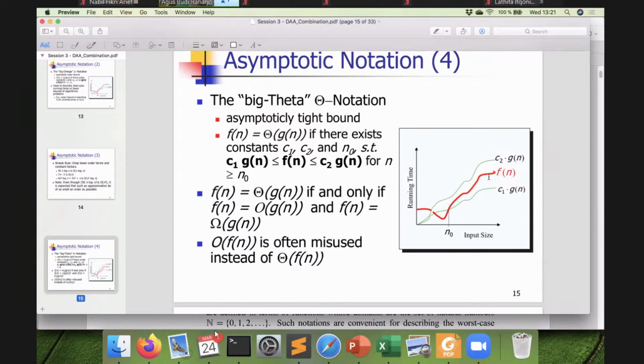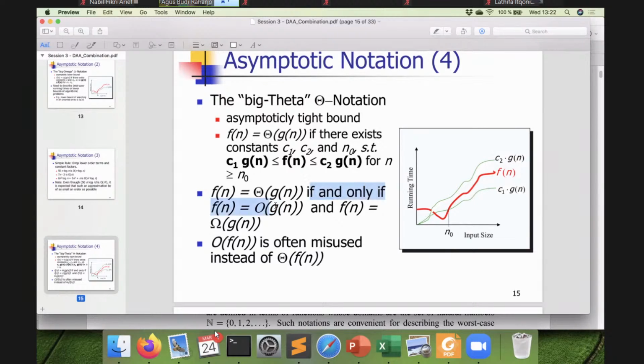Asymptotically tight bound here, and f(n) is equal to big theta g(n) if there exist constants C1, C2, and N0 such that, you can see over here, the definition of big theta is C1 g(n) is less than or equal to f(n), and f(n) is less than or equal to C2 g(n) for n greater than or equal to N0.